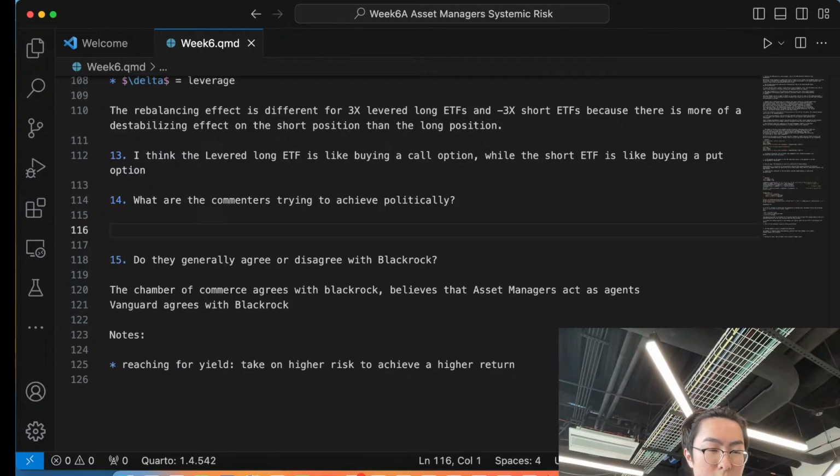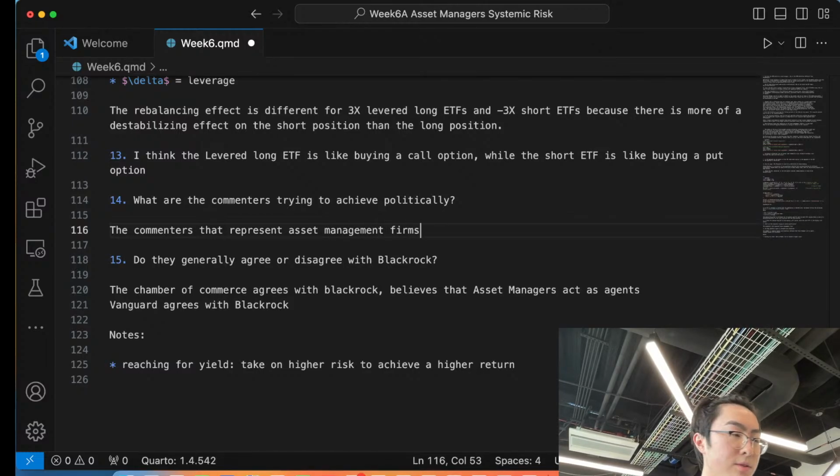So the commenters that represent asset management firms.